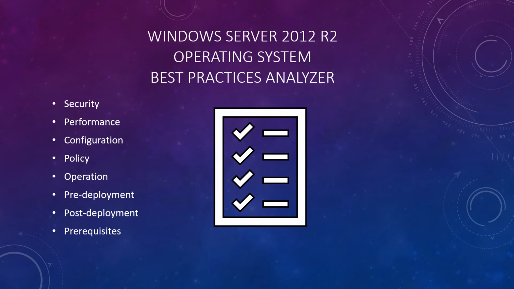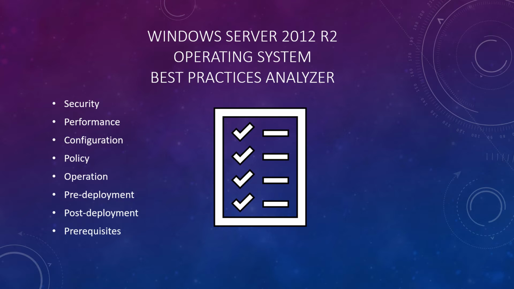As I mentioned earlier, in regards to the features of Windows Server 2012 R2, it actually comes with a best practices analyzer. It is there to help you remember the little bitty things that everyone forgets, because let's face it, we can't remember everything whenever it comes to a system or computer.